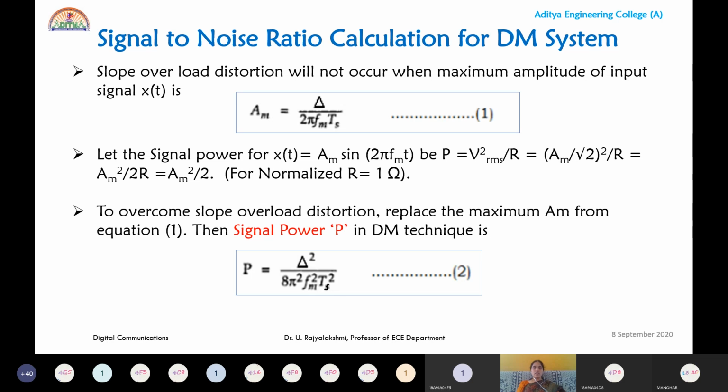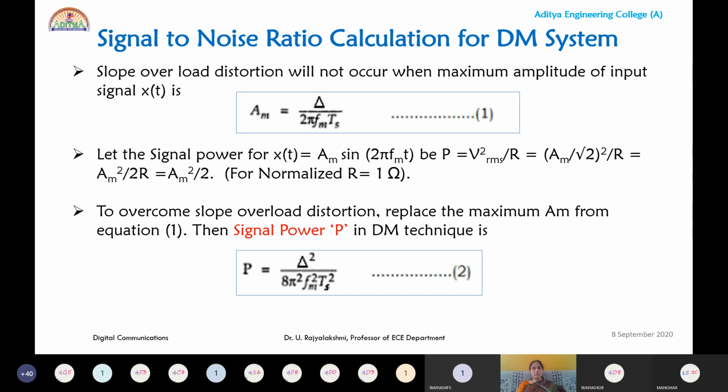So what is signal power? For the signal x of t, what is the power? Power is defined as the mean square value, that is, the RMS voltage square divided by the normalized resistance. For normalized resistance R you can take 1 ohm. But what is VRMS?